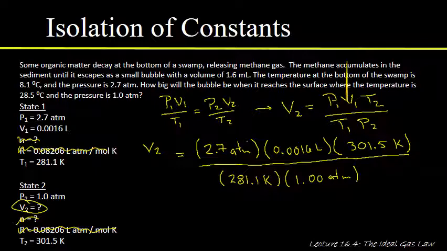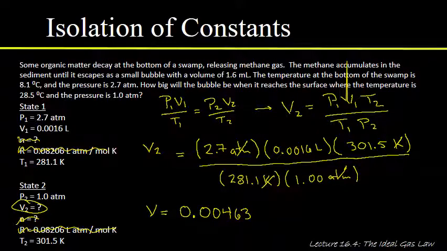Then, as always, we want to check our units. Our atmospheres cancel, our kelvins cancel, and we're left with liters. And when we run through the math and plug all of that into the calculator, you will be overjoyed. At least I was. Maybe you are mildly amused or merely content.